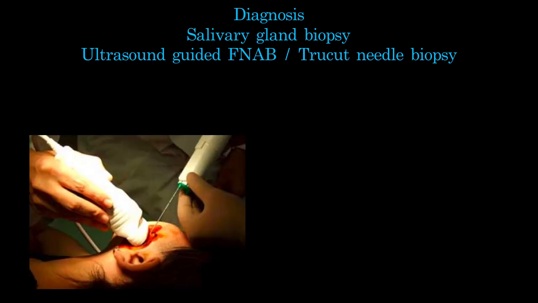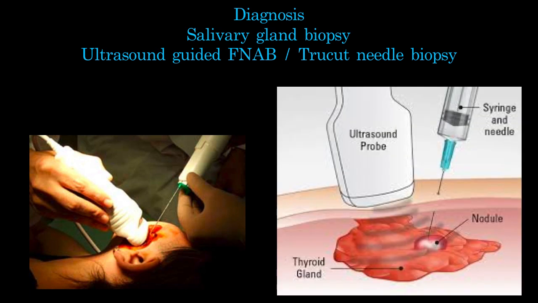We can use ultrasound to guide the needles, whether we are using a fine needle or a true cut needle, to where the mass is, so we do not do a lot of manipulation inside the tissues.